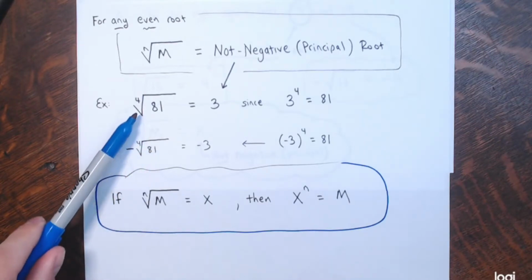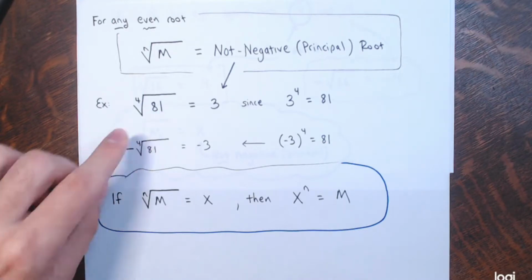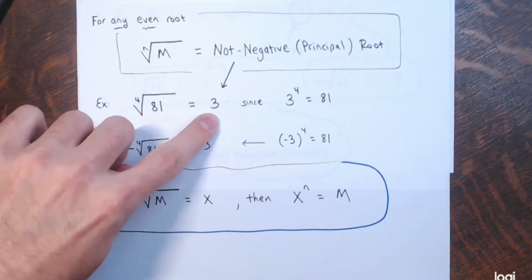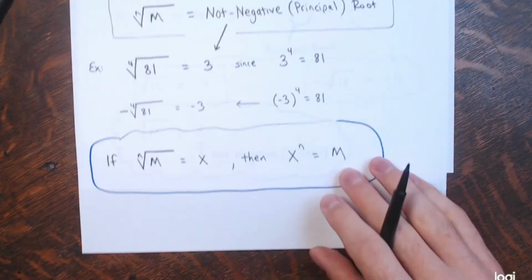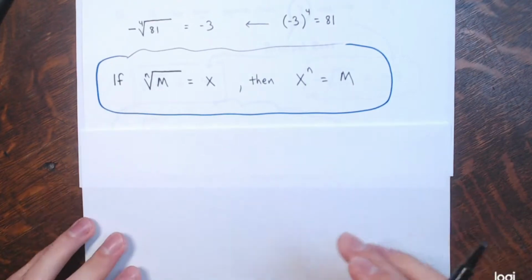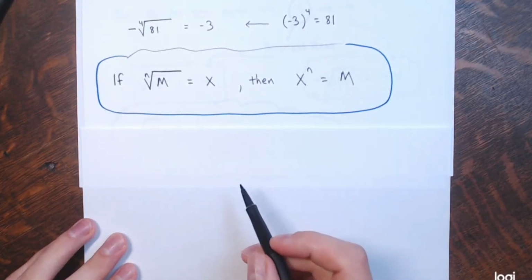Now the fact that when you take an even root of something, it's got to be non-negative, leads me to the following. I'm going to throw out some more examples.